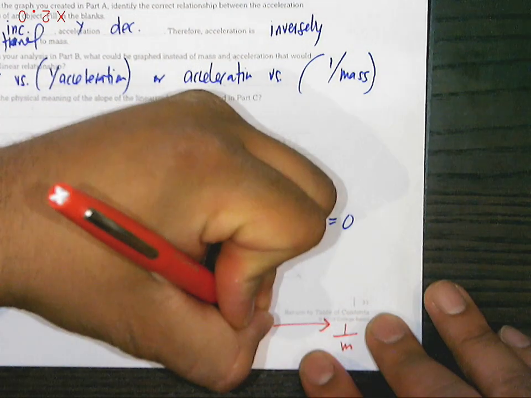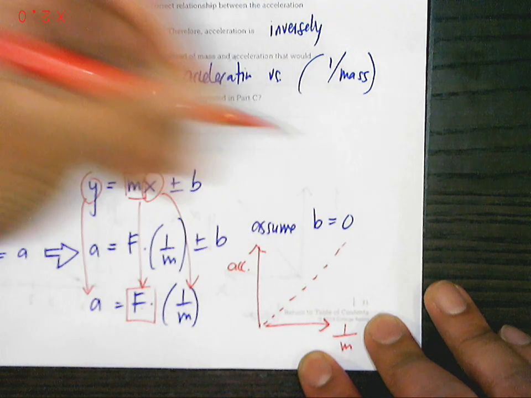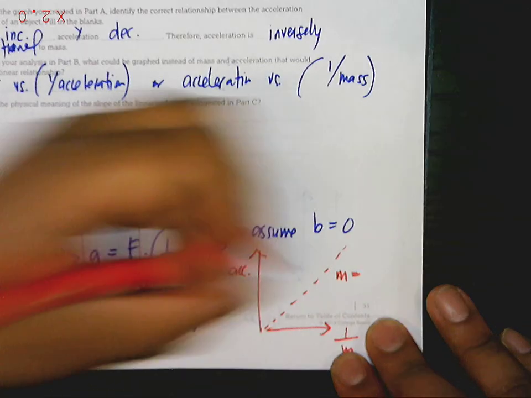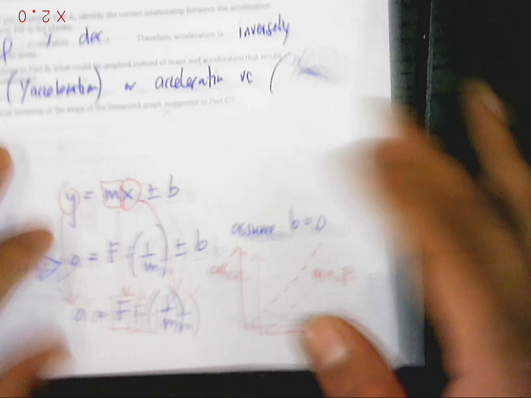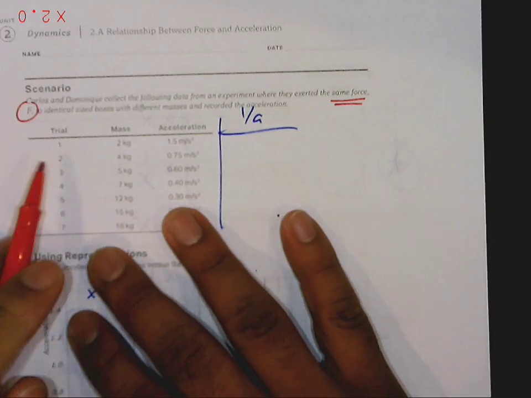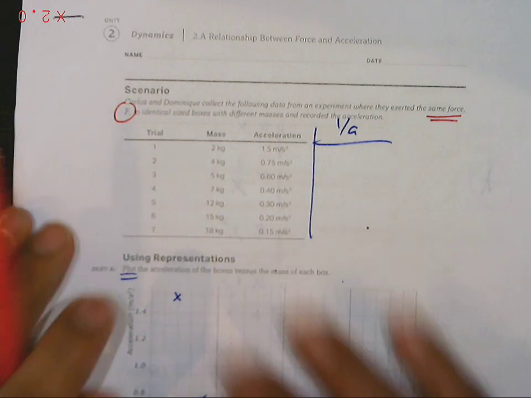And I would have a linear line of data with the slope m equaling the force, and that's a constant slope. And that actually matches back to what it says, that they exerted the same exact force, F, on every object of different mass.